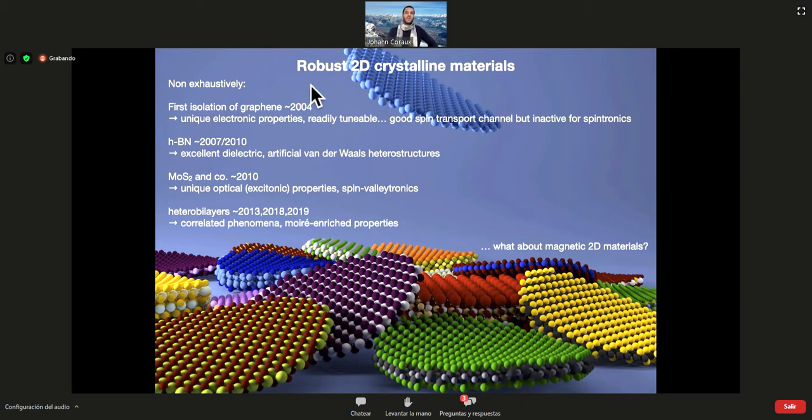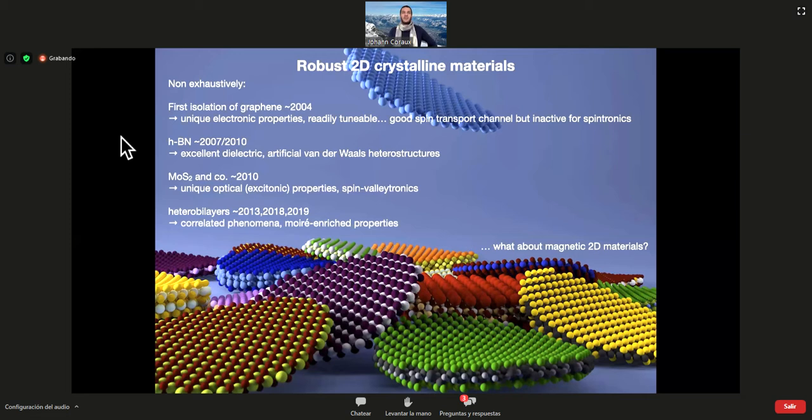A few years later, it was also progressively established in the literature that graphene, being composed of a light element, carbon, is good for spin transport. In this sense, graphene would be an inactive spin channel for spintronics, and already you see that these 2D materials are interesting in the prospect of spintronics and magnetic applications.